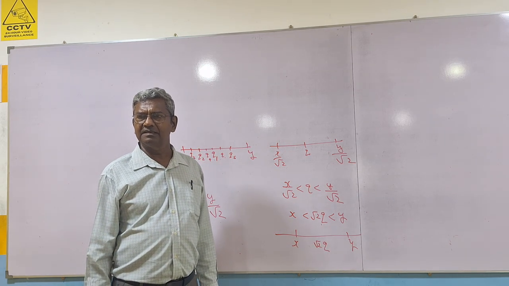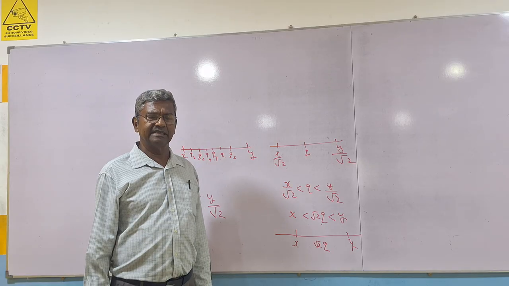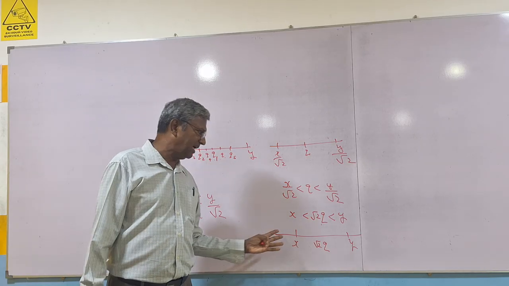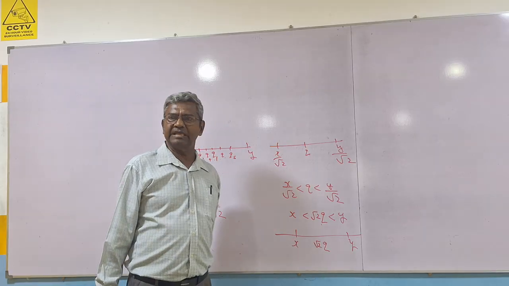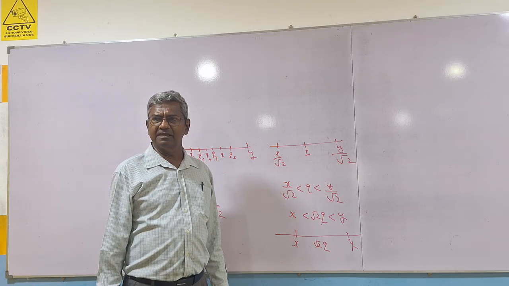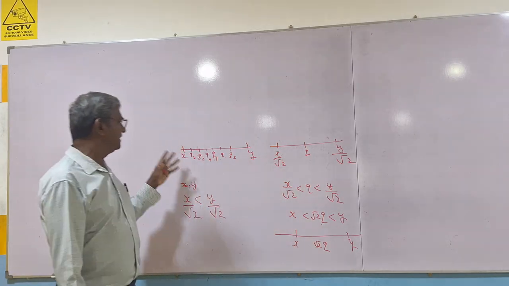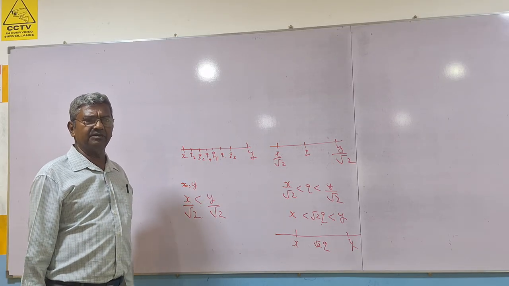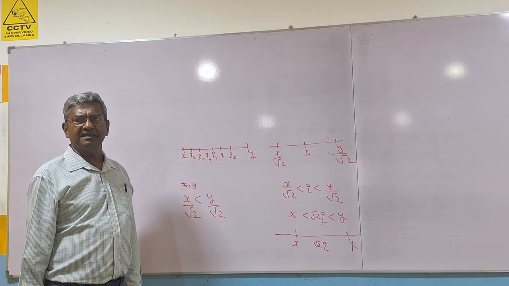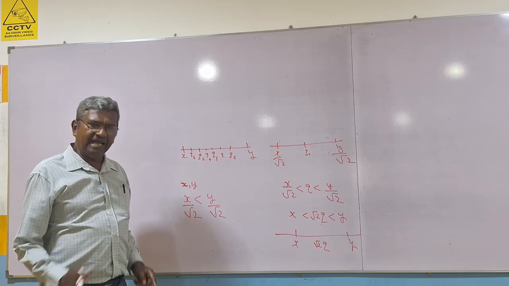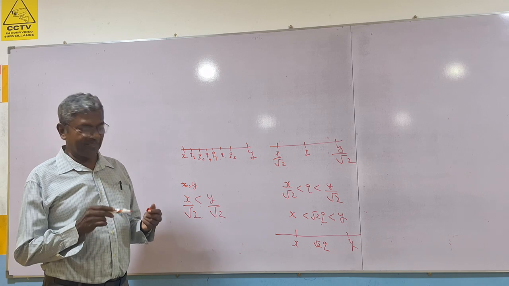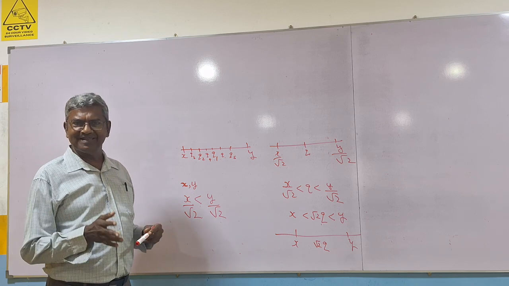It is irrational. So I have brought between any two reals an irrational number, using the fact that between any two reals there is a rational. Like that you have to think.